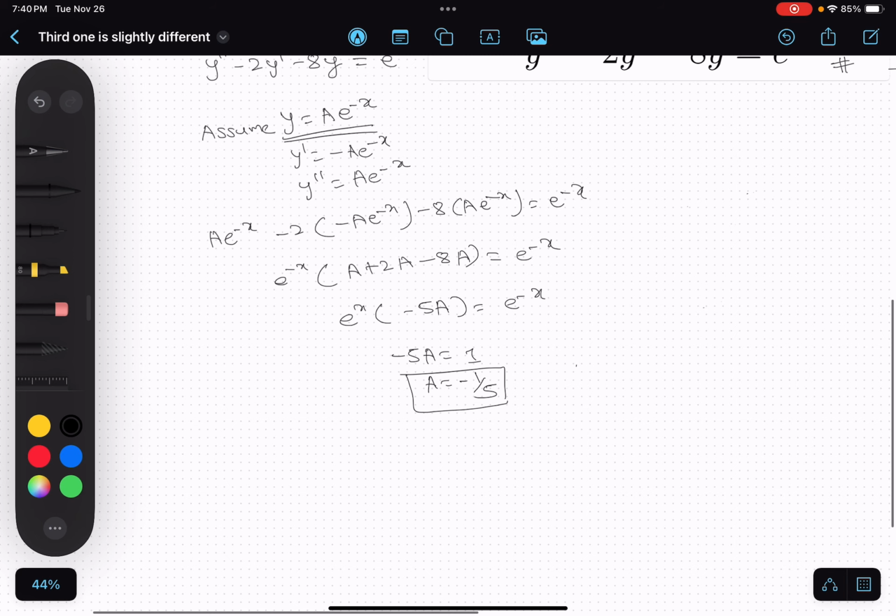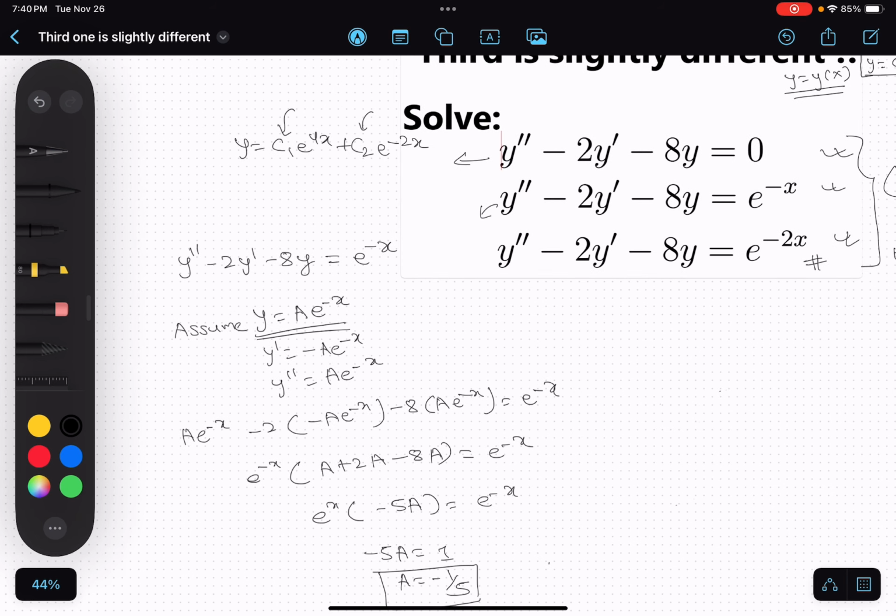That means our solution for this equation is y = −(1/5) e^(−x).